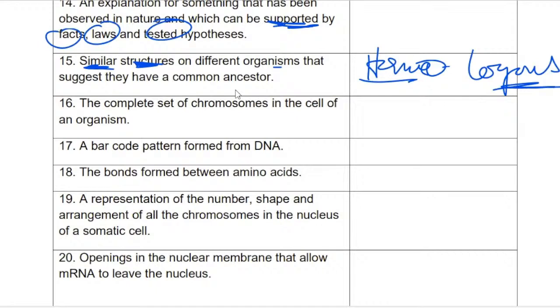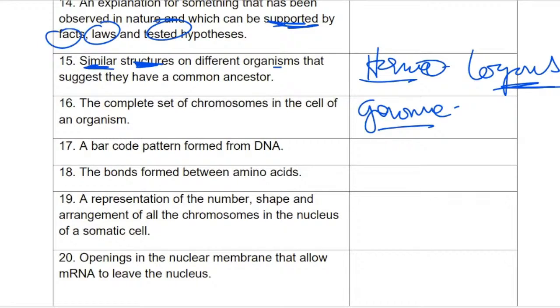Then they're saying that a complete set of chromosomes in a cell. How do you call that complete set of chromosomes? Is a genome. You confuse three things: genome, karyotype, and genotype.